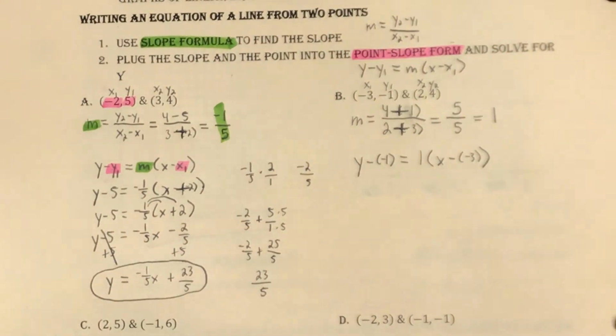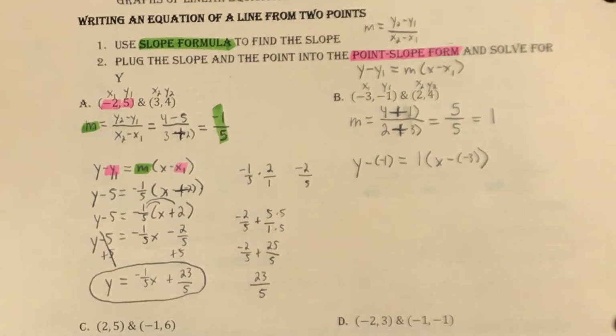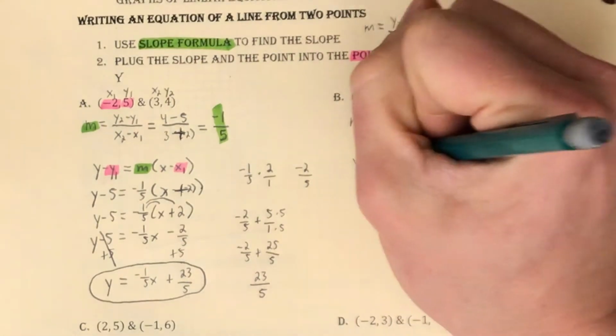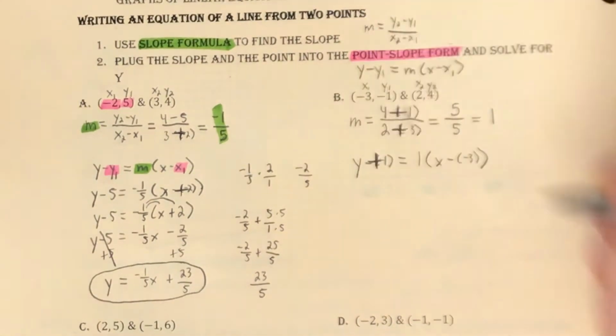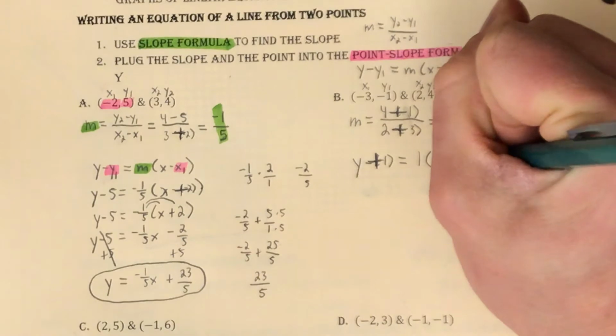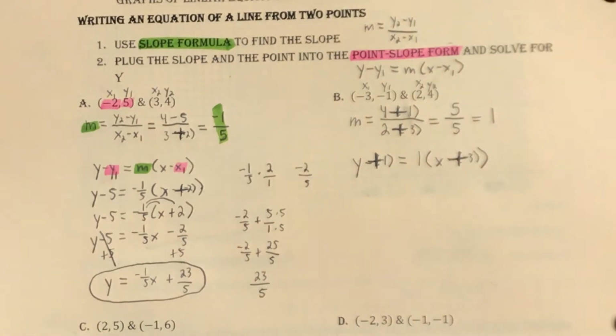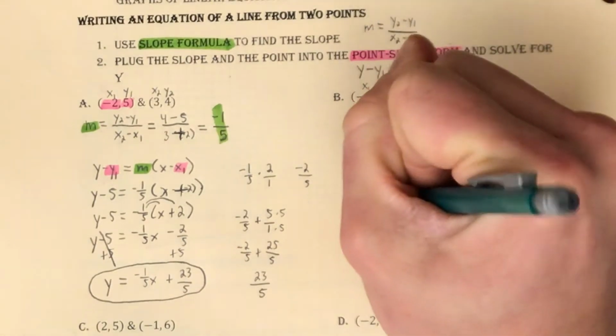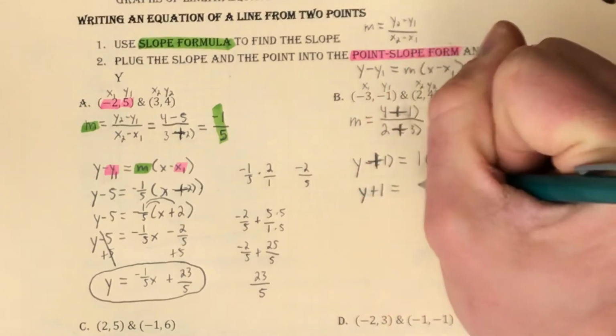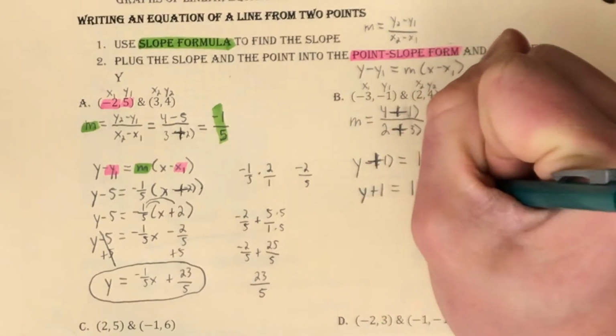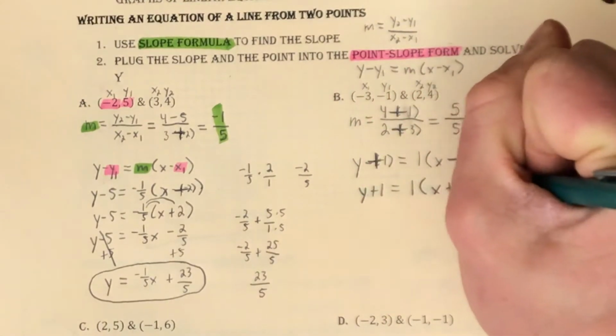So then first thing again, always get rid of any double negatives. Well, I have a double negative here, so I'm going to make that a plus sign. Right? I have a double negative here, so I'm going to make that a plus sign. And then I'm going to rewrite it. And it's going to become y plus 1 equals 1 times x plus 3.